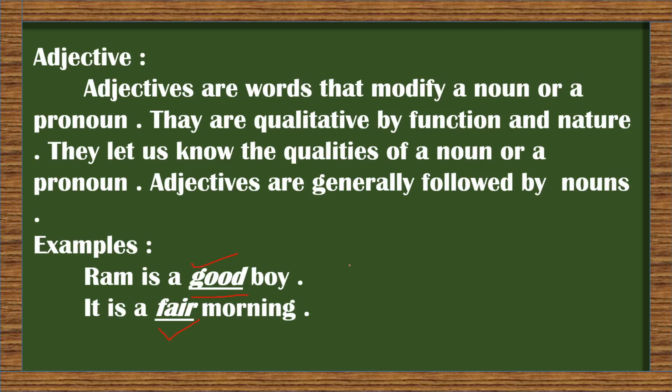Because in the first example, Ram is a good boy, good represents one of the positive qualities of the boy whose name is Ram. In the second example, it is a fair morning, fair represents one of the positive qualities of the morning.